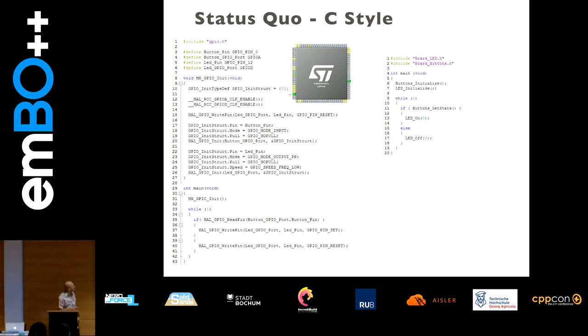That's generated by the code generator. Here I have my two pins. I configured them to be LED and button. And that's generated, this whole initialization, and this is how I use it in my application. The bad thing is, in every access to the hardware, I have to use these defines. So I have the hardware-dependent thing all over my place.